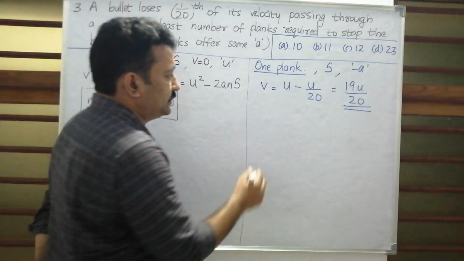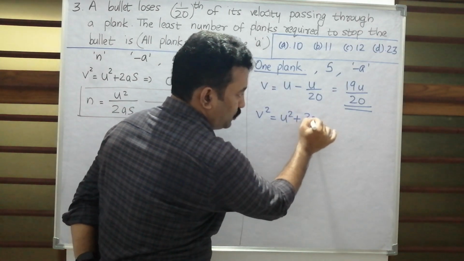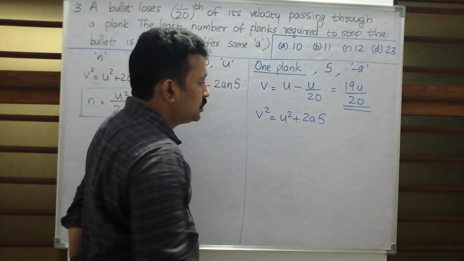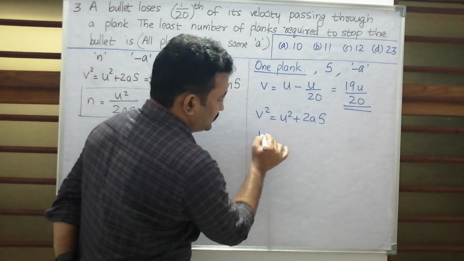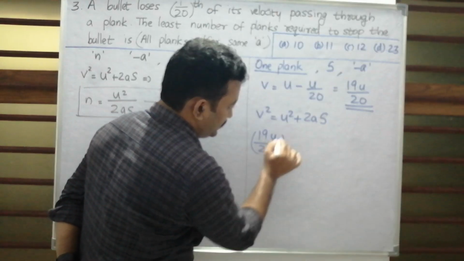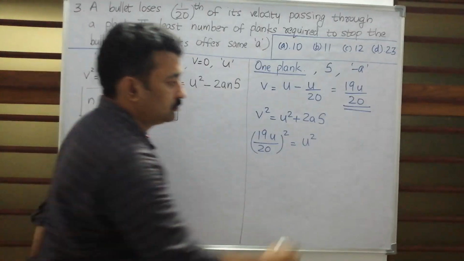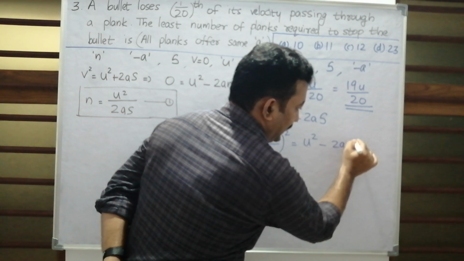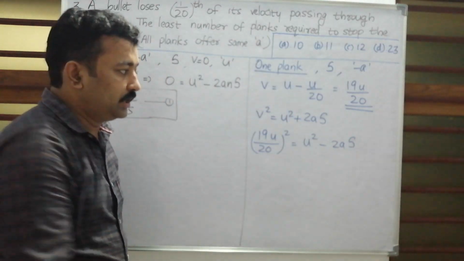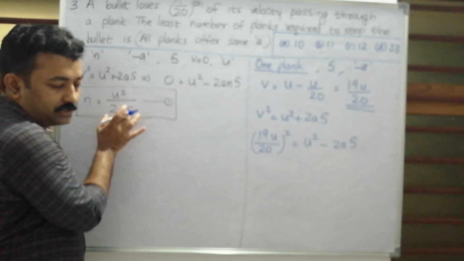Still its retardation will be minus a. Again I am going to write v square is equal to u square plus 2as for one plank. v square is 19u by 20 the whole square. u square is u square minus 2as. Let me take that 2as to this side because 2as is an unknown quantity here.